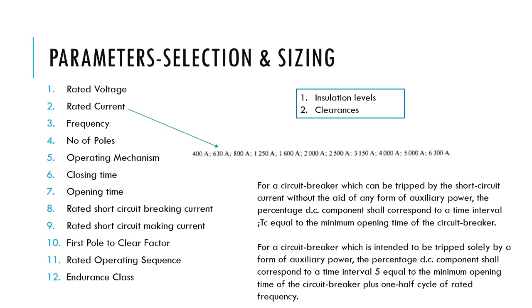Why 2.5? Why we are multiplying with 2.5 is because of the concept of asymmetrical and symmetrical faults. Generally when a fault occurs, the fault will be like this, and after that it will enter into the steady state.